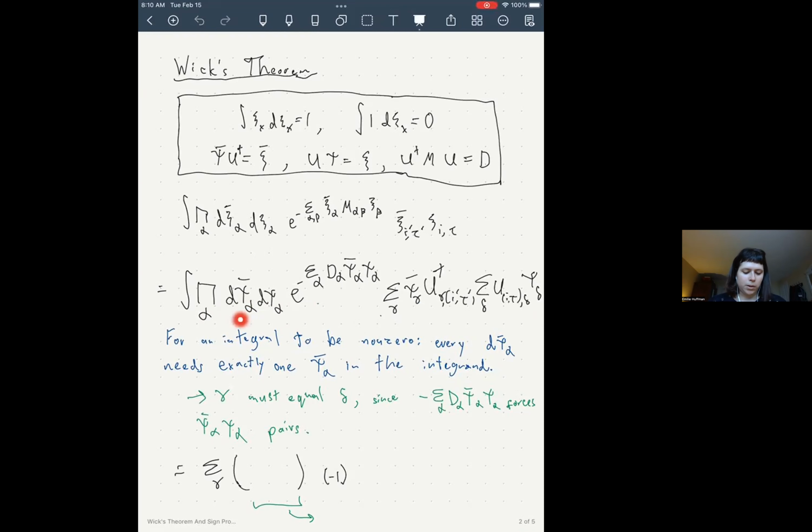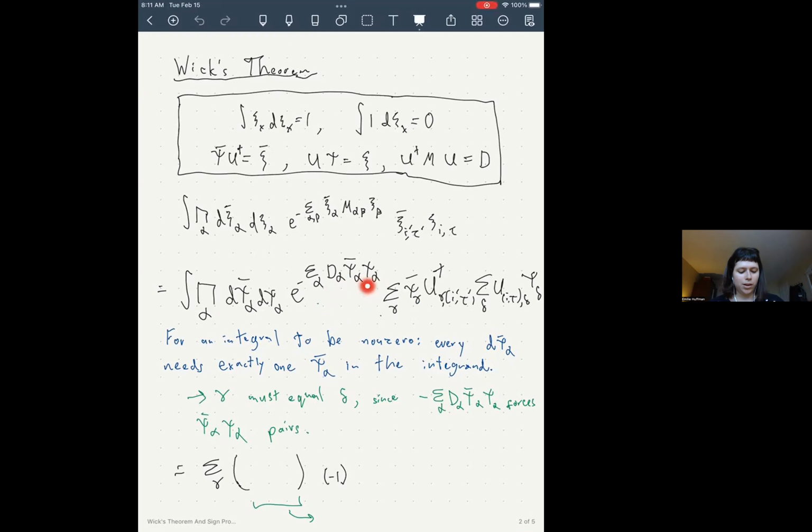So now I need to think about what happens with this. And so here's where it's important to think about how with every d psi, you actually need a psi variable. For an integral to be non-zero, every d psi bar alpha needs exactly one psi bar alpha in the integrand. And the important thing here is that now that this is diagonal, the psi bars always come in pairs with the exact same alpha.